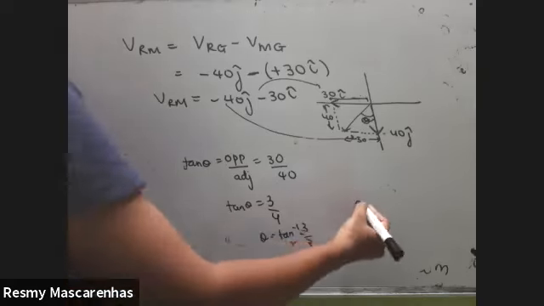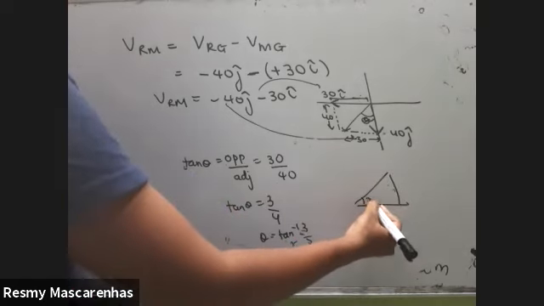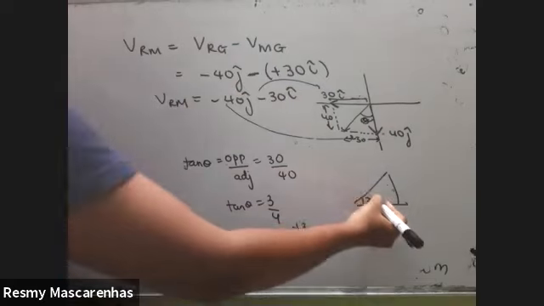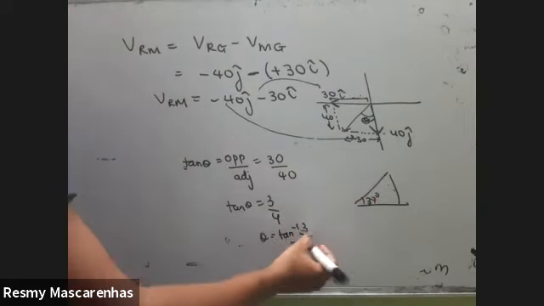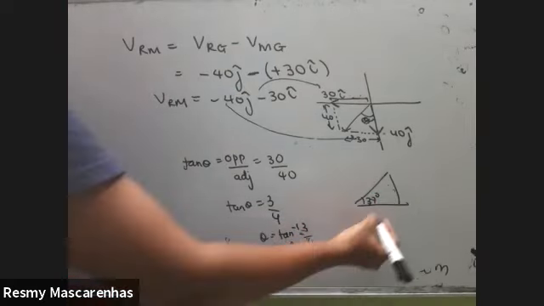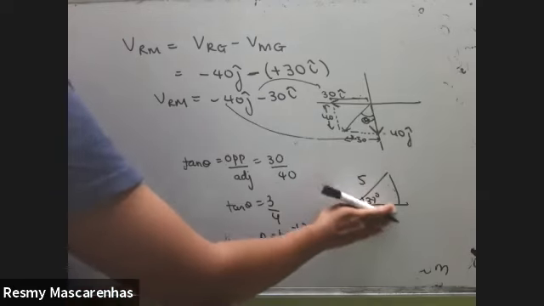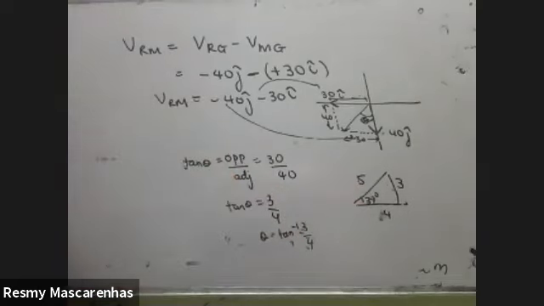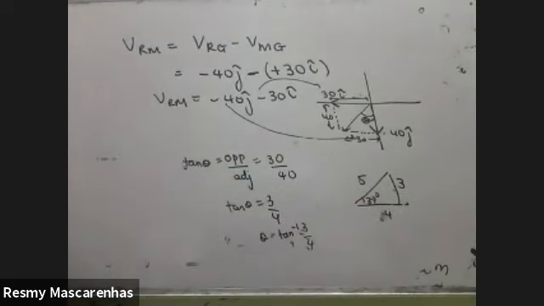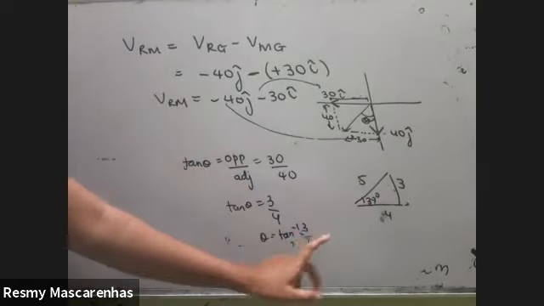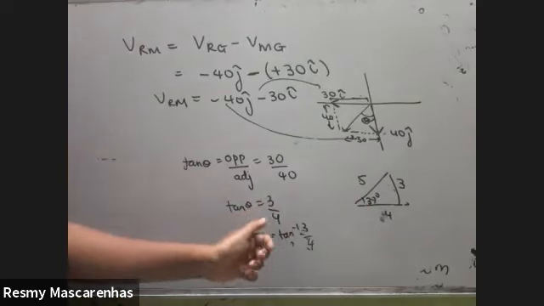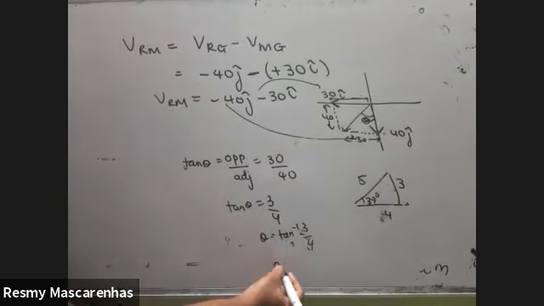Otherwise you can remember this. If theta is 37 degrees, I've given you a triangle: this is 3, this is 4, and this is 5. It is always 37 degrees. Looking at this, we can know that whenever you get tan theta as 3 by 4, you automatically get 37 degrees.